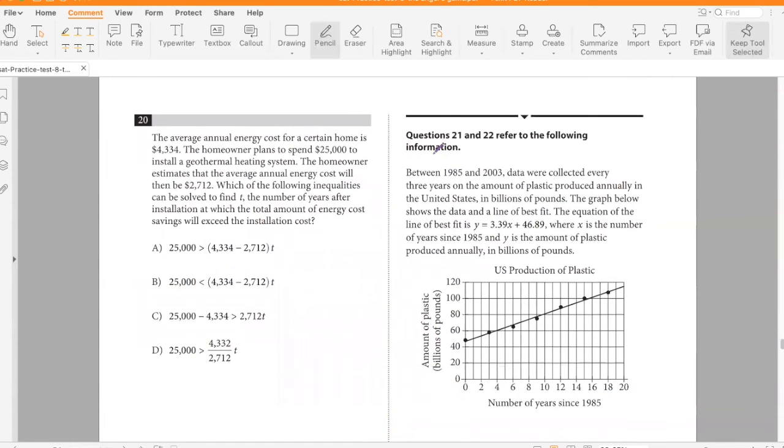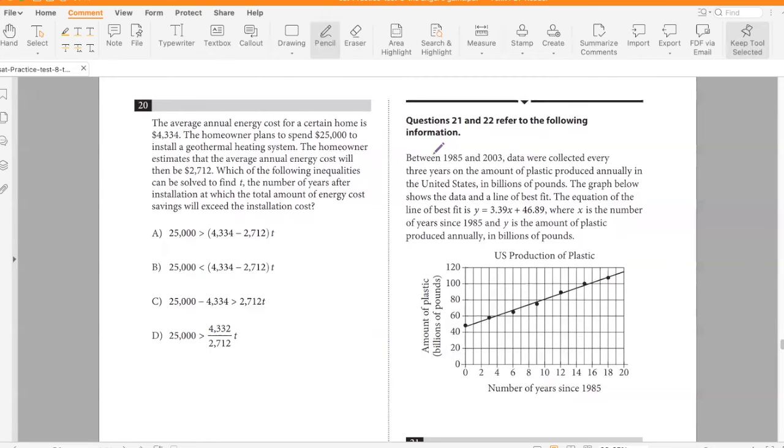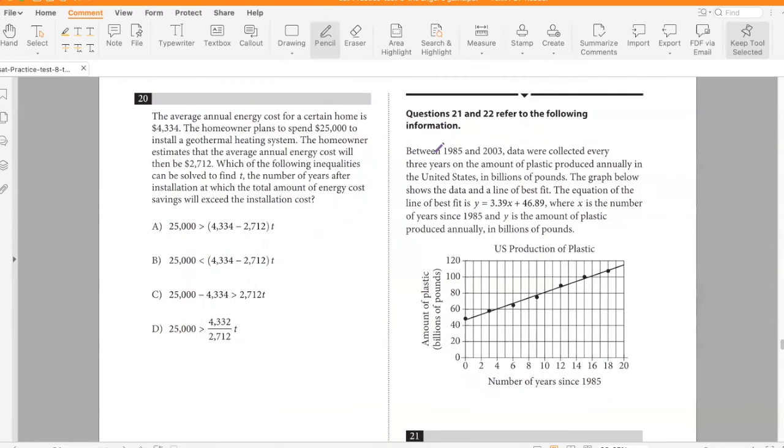Okay, the average annual energy cost for a certain home is $4,334. The homeowner plans to spend $25,000 to install a geothermal heating system. The homeowner estimates that the average annual energy cost will then be $2,712. Which of the following inequalities can be solved to find T, the number of years after installation at which the total amount of energy cost savings will exceed the installation cost? Okay, so installation is 25,000, right? That is the installation cost.